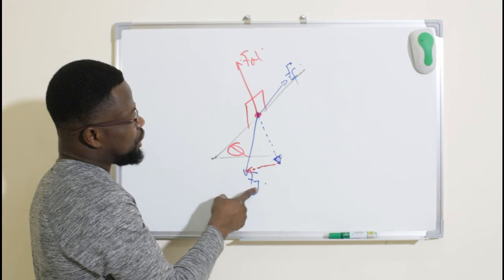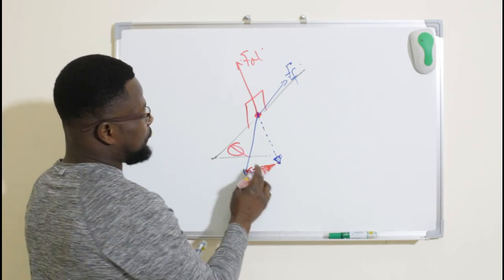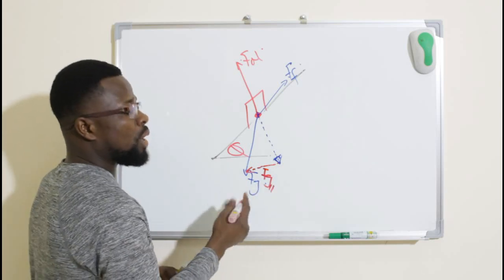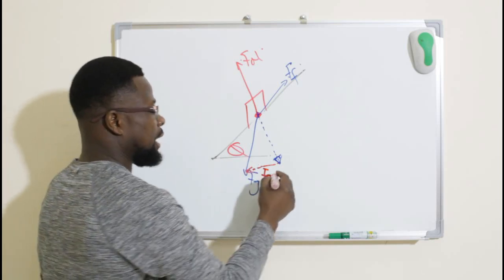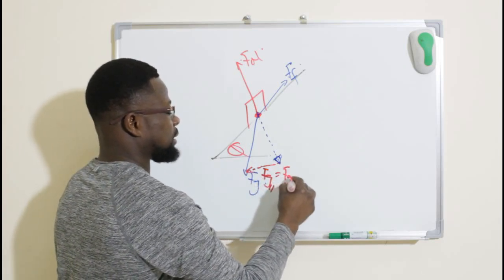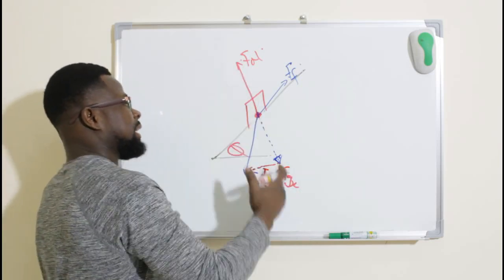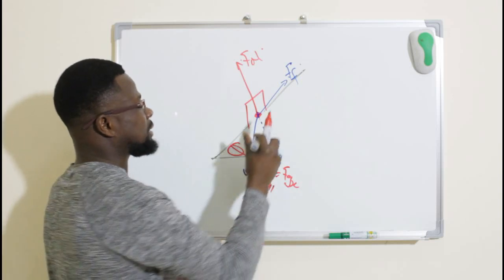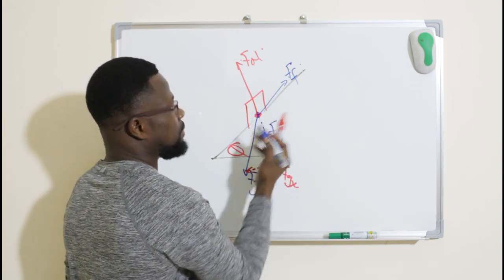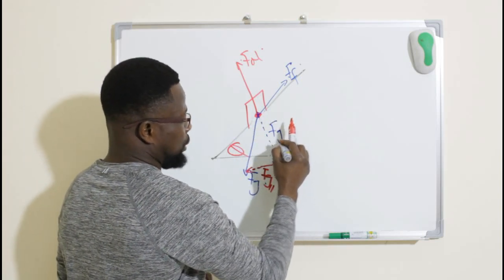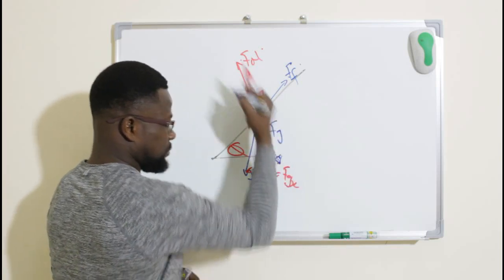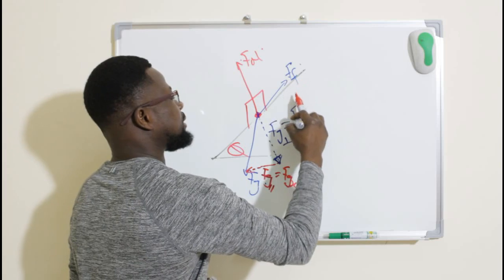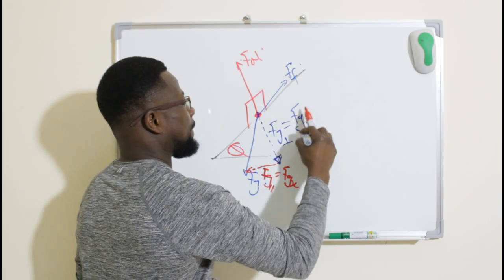So if FG is here, this is referred to as FG parallel, or what I will call FGX. And this is also a vertical plane, so we can call that our FG perpendicular, or we can call it FGY.